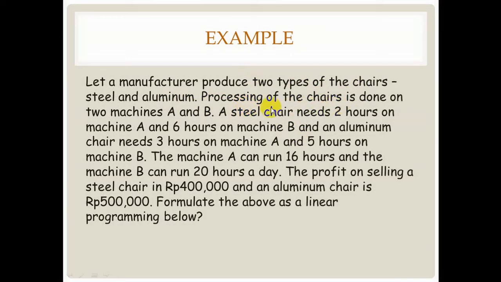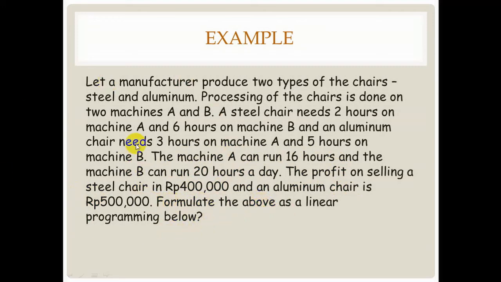Processing of the chairs is done on machines A and B. A steel chair needs 2 hours on machine A and 6 hours on machine B, and an aluminum chair needs 3 hours on machine A and 5 hours on machine B. Machine A can run 60 hours and machine B can run 20 hours a day. The profit on selling a steel chair is 400,000 rupiah and on an aluminum chair is 500,000 rupiah. Formulate the above as a linear programming problem.